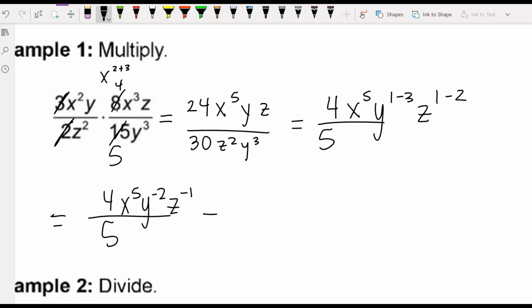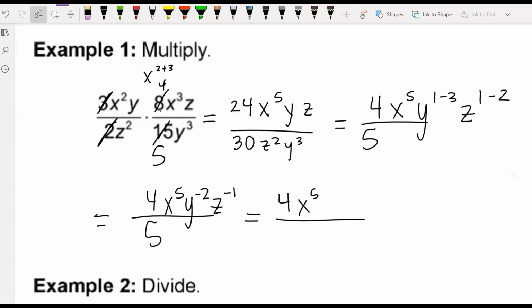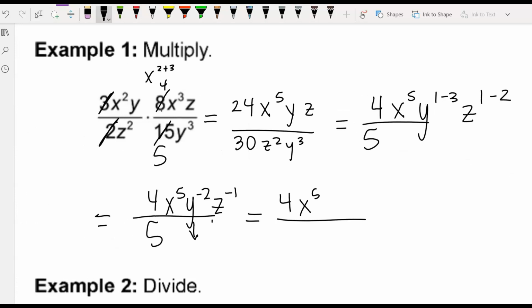So remember, when they're negative, we put them back in the bottom of the fraction. So we're just going to move those back down. So y squared, z to the first, or just z.